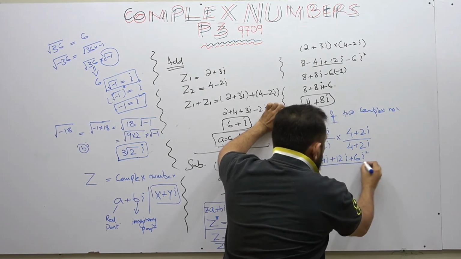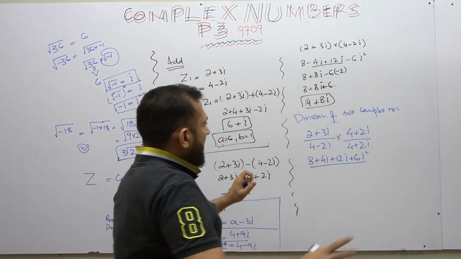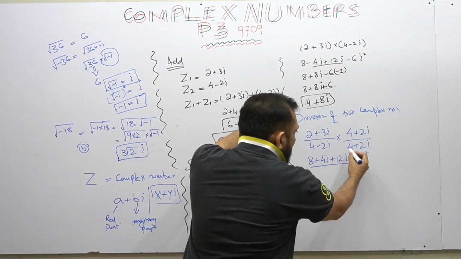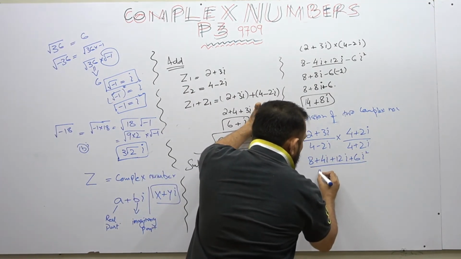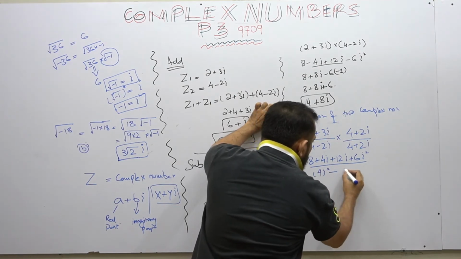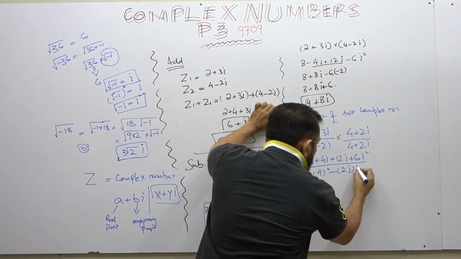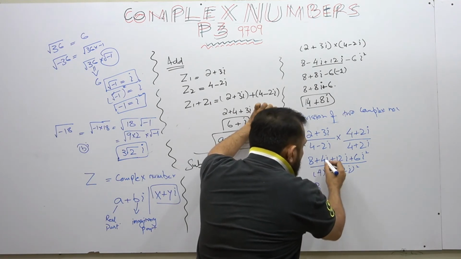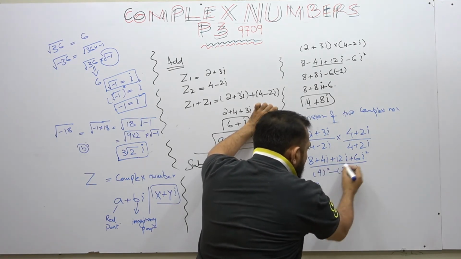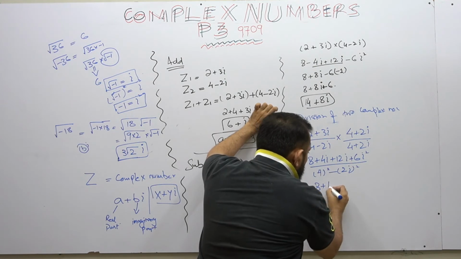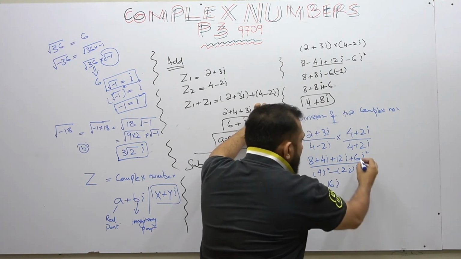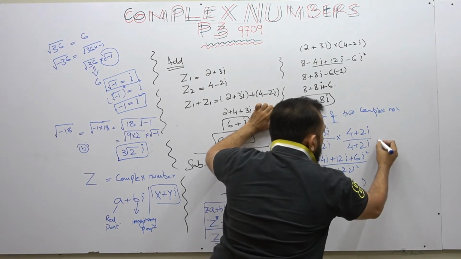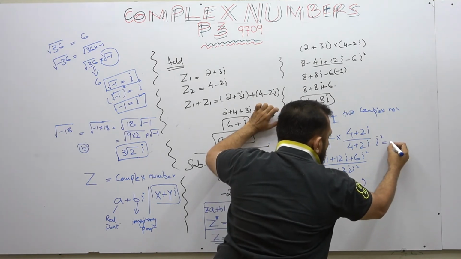And in the denominator you can notice that we can apply the identity here, a minus b and a plus b, so you can write 4 square minus 2 iota square. So first of all, 8 as it is, we can add these two numbers because they both have iota, so 16i, and for this just write 6, and iota square is minus 1.